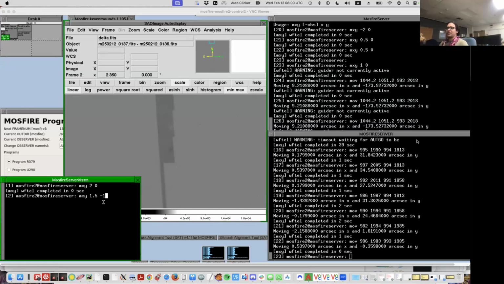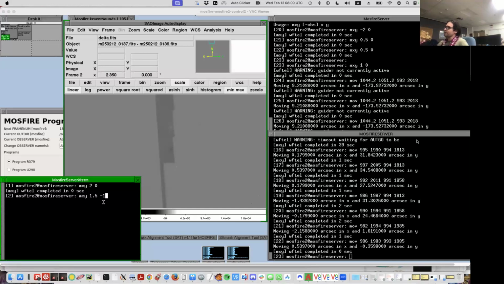Yeah, there's always sign conventions in these kind of instruments. Just looking on the right, when you put in the move command, you see how you moved from 996.1983 to 993.1985. Yes. You moved up 2 pixels, but that's negative in arc seconds. So moving your target up a few pixels is negative in the MXY convention.